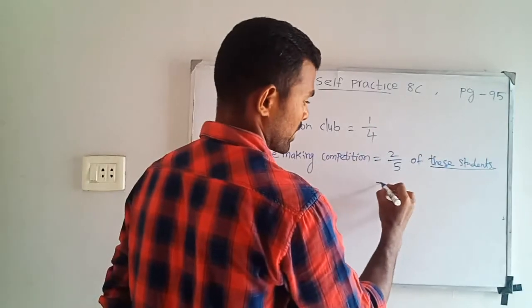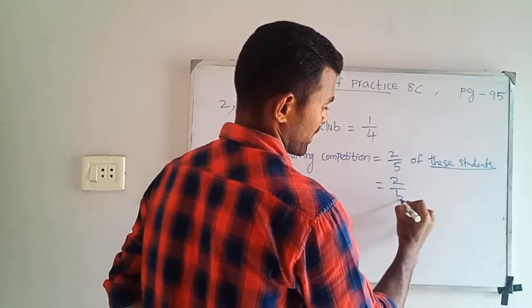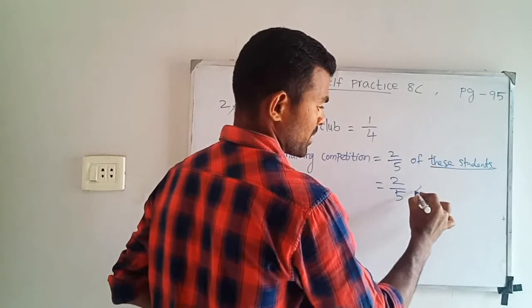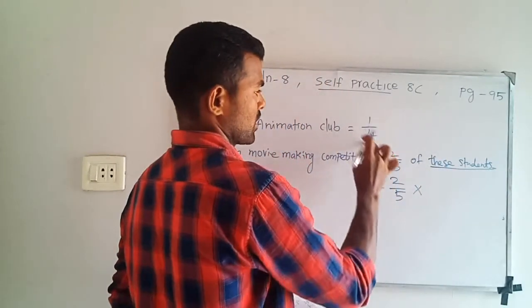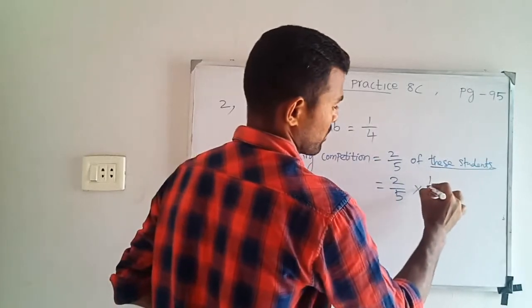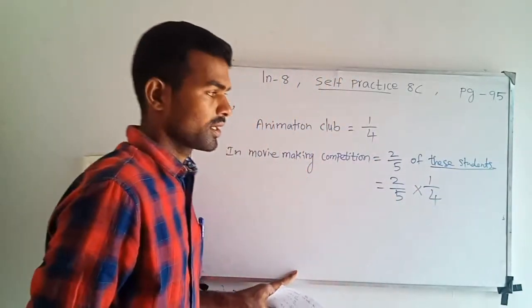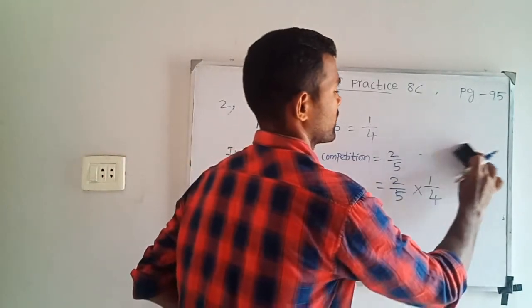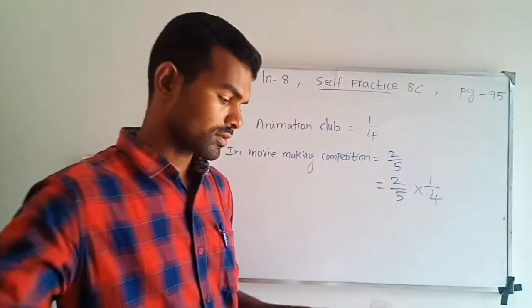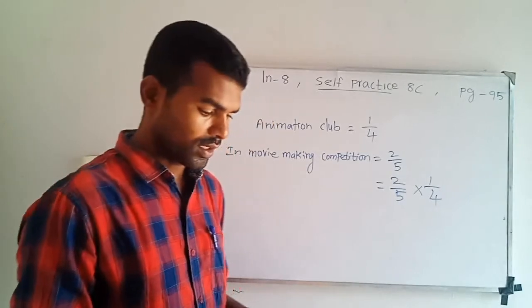That is how we will write it: 2 by 5 of means multiplication. These students, how many? These students, 1 by 4. Got it?